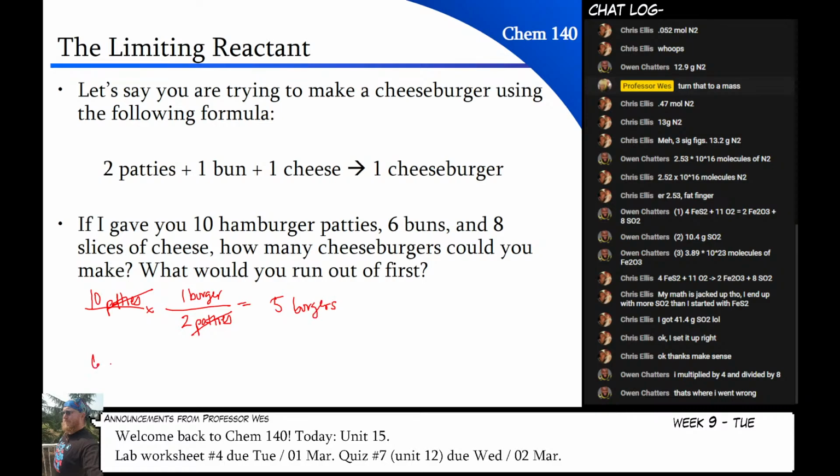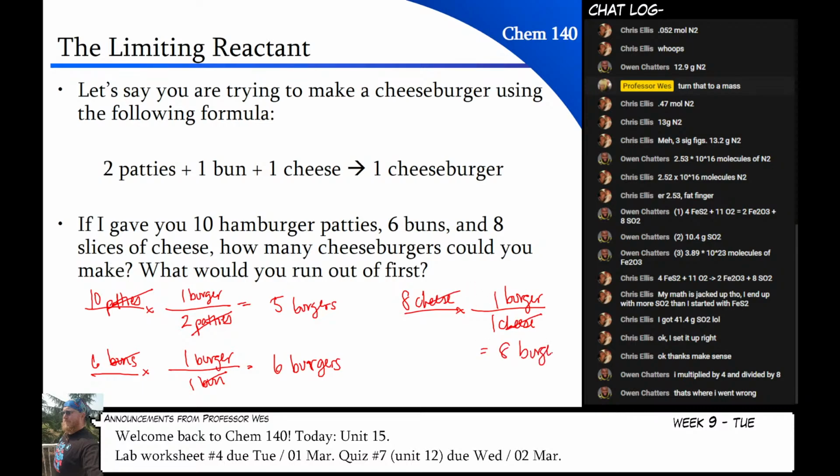But with 6 buns, where you use 1 bun per burger, you could make 6 burgers, right? And then with 8 slices of cheese, where 1 slice of cheese is used per burger, you could get 8 burgers.